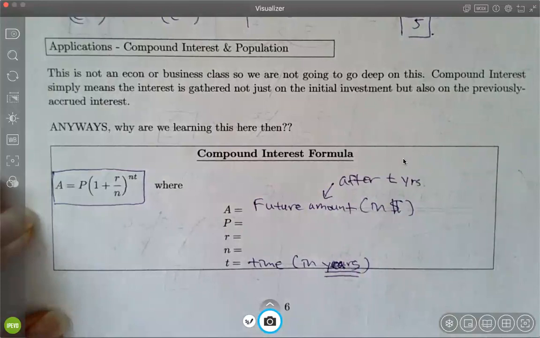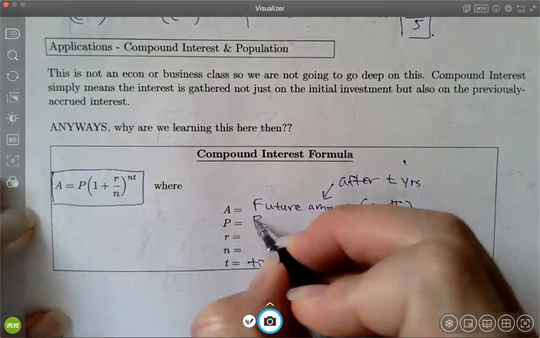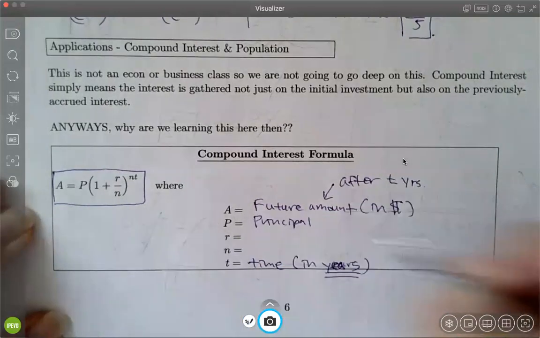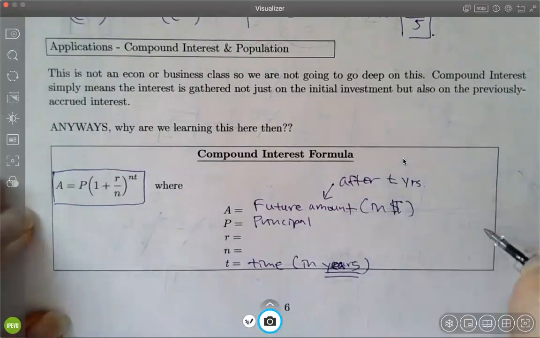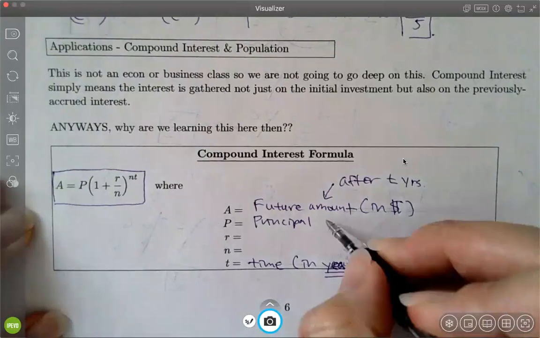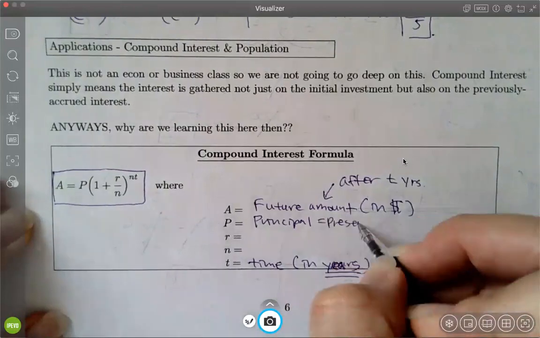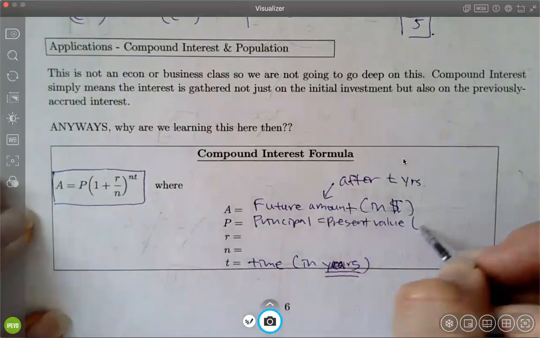And now P is the principal. And what does that mean? It's the present value, right? How much you invest right now, today. So this one is the present value, which is once again in money, right?